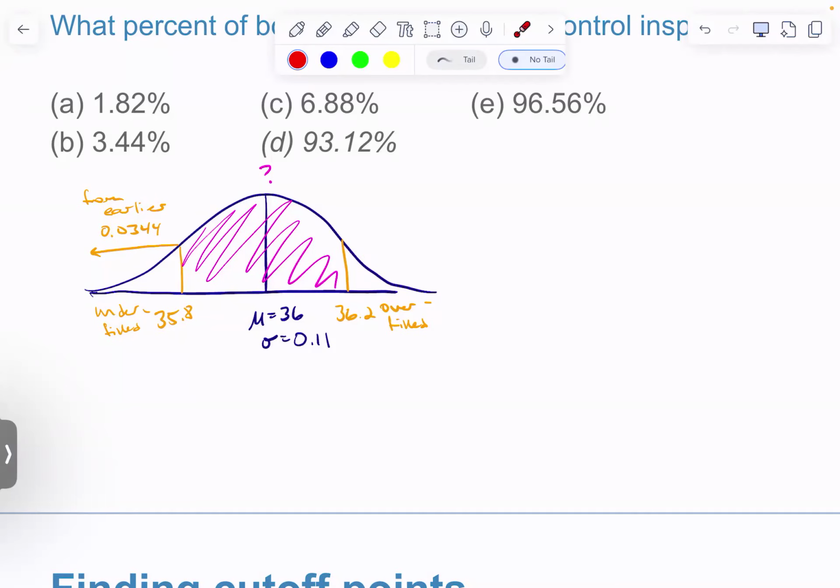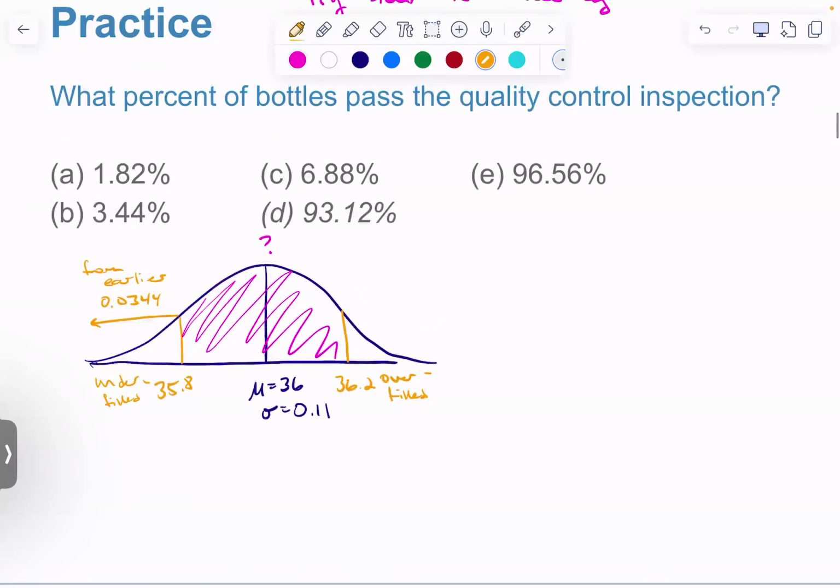What's another way you could solve it? There's lots of ways that you can solve it. What if you found the area to the left of 36.2, and then chopped off the area to the left of 35.8?